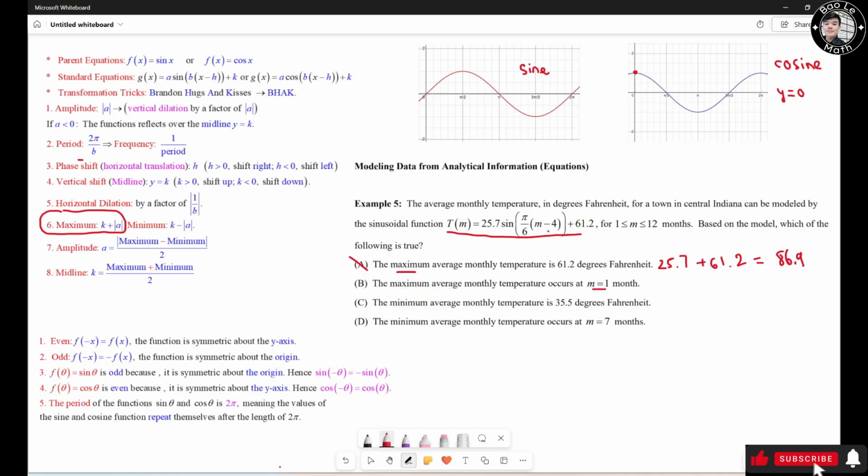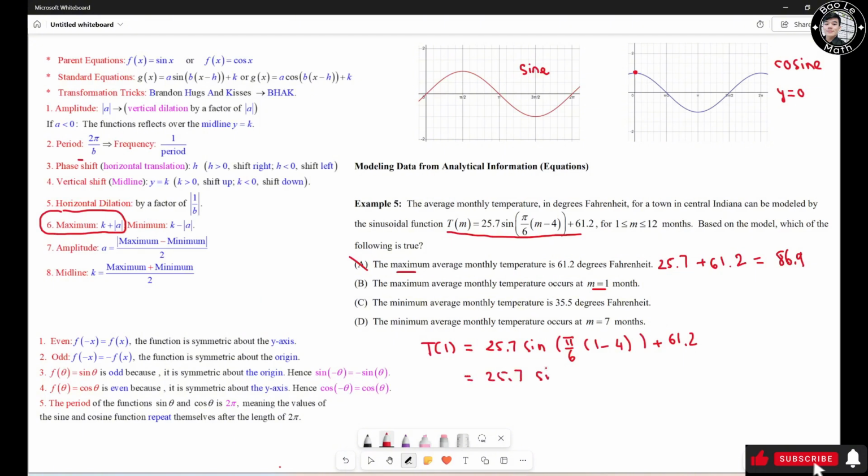Now, the maximum average monthly temperature occurs at m equals 1, right? So we substitute 1 for m into this equation to see what happens. So we have T of 1 equals 25.7 sine of pi over 6 times (1 minus 4) plus 61.2.